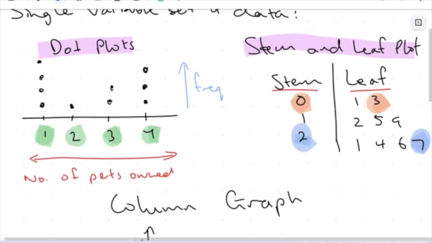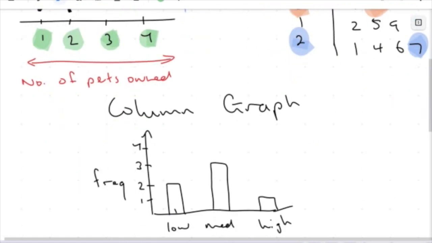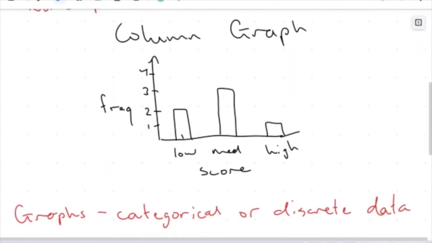The stem and leaf plot as well, scores on a math test. So they're these single discrete scores. A column graph, for example, this is a categorical type because there's no numbers associated down here. We have categories.